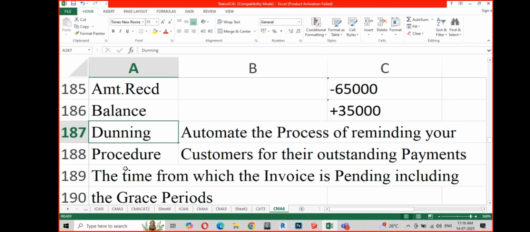That also must be considered. The system should also consider the grace period allowed to a specific customer, within which, even after the due time is over and the invoice is already due, since I'm a little lenient, I give say 3 to 5 days grace period for the customer to make the payment.